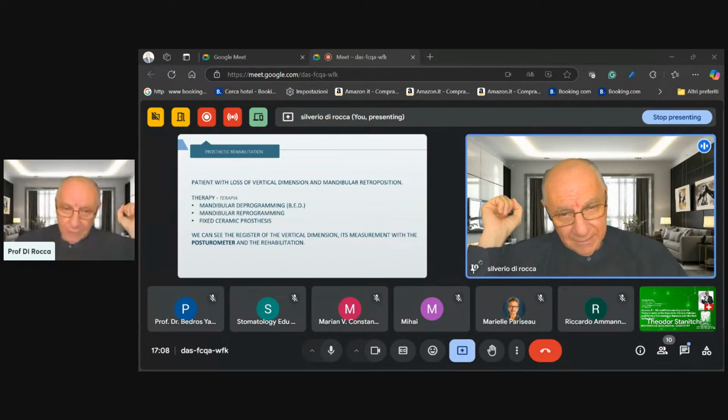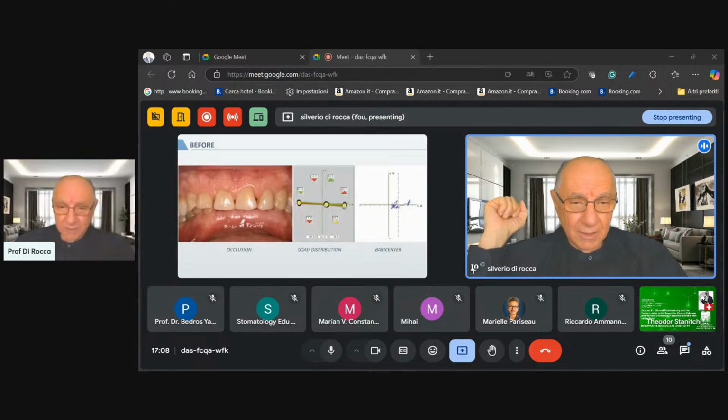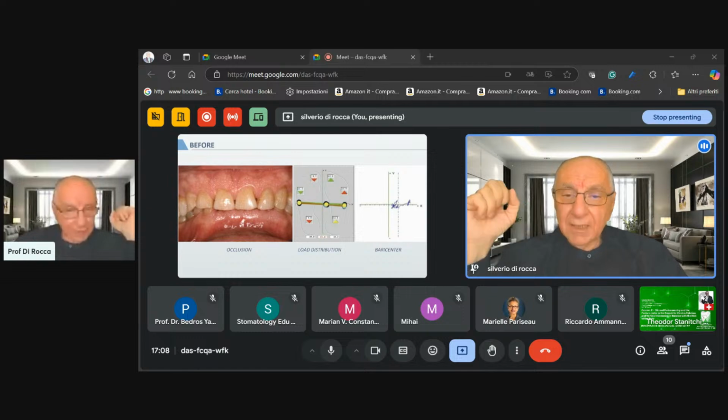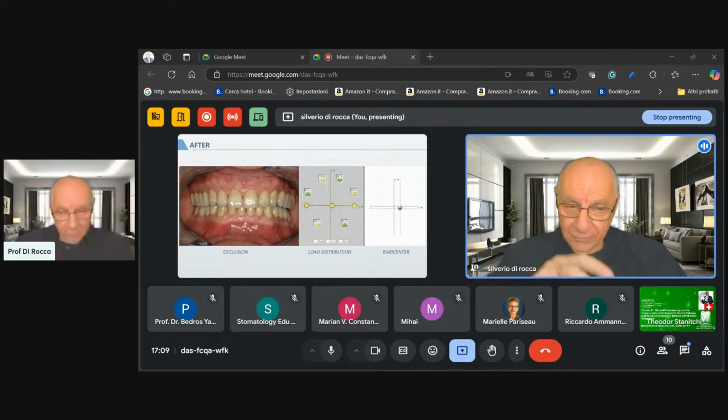We do deprogramming, reprogramming, and then the rehabilitation. We found the vertical dimension, we measure the vertical dimension. Look at 14 kilos of overload this patient in the body. Look at how it can affect the body and the body center. We change it with the restoration.